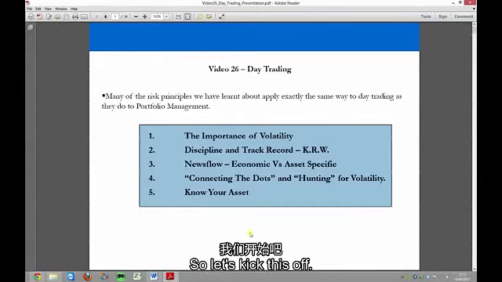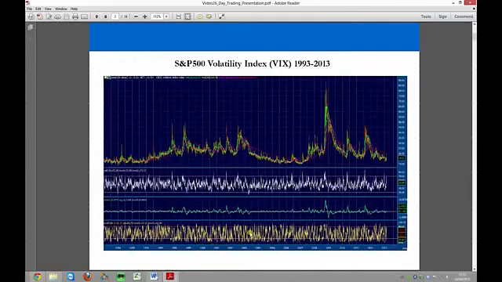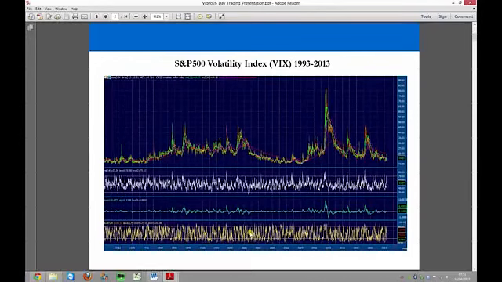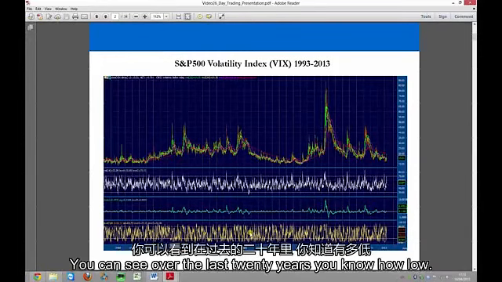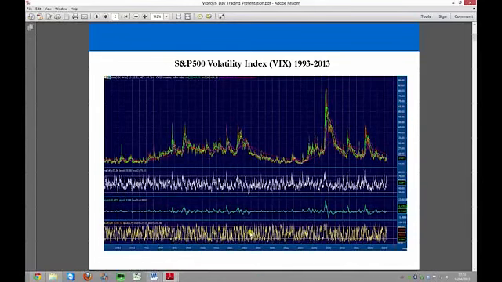So let's kick this off. We're looking here at the S&P 500 volatility index from 1993 to 2013, and you can see over the last 20 years how low the average level of the volatility index really is.